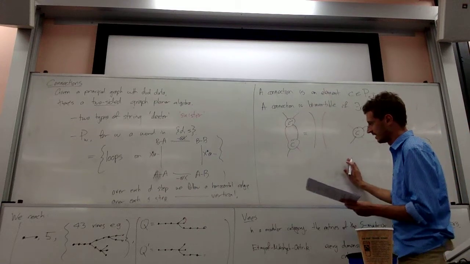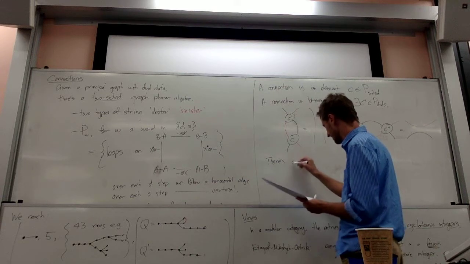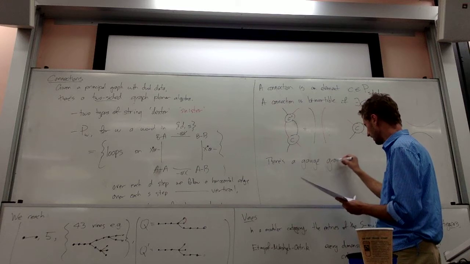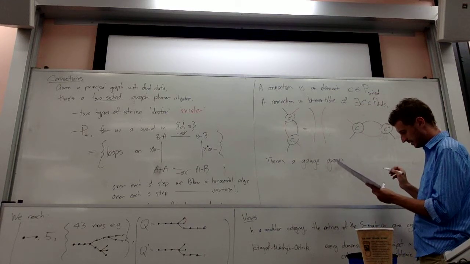there's a gauge group. This is sort of setting up to a theorem. Sorry, maybe I should have said the theorem first before giving all these definitions. So what is this gauge group?